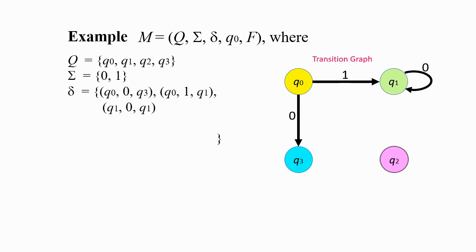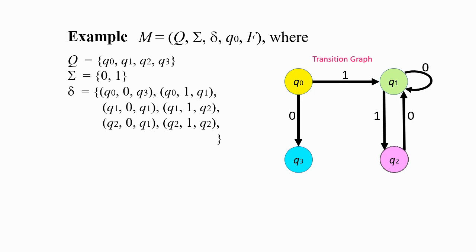So we have a loop here from Q1 to Q1 with label 0. And Q1 with 1 to Q2. And Q2 with 0 to Q1. Then Q2 with 1 to Q2, so that is a loop. Then Q3 with 0 to Q3. Then another one, Q3 with 1 to Q3. So we're just going to denote it like this.